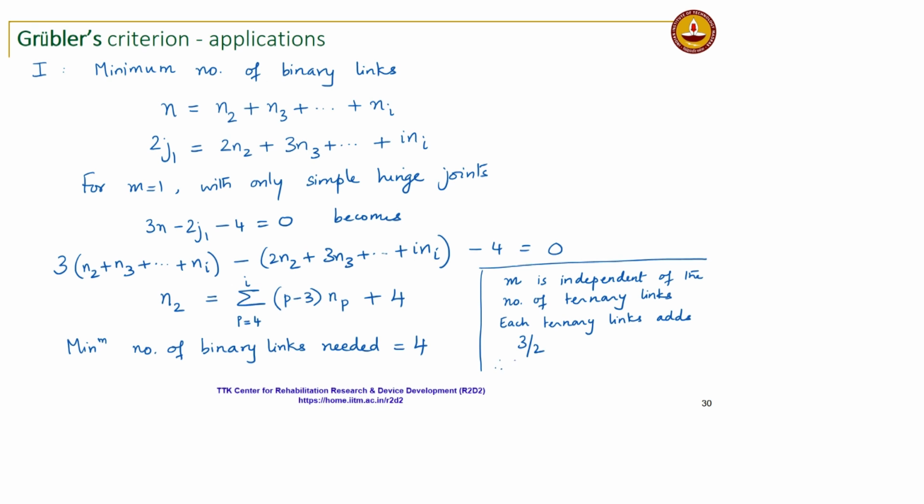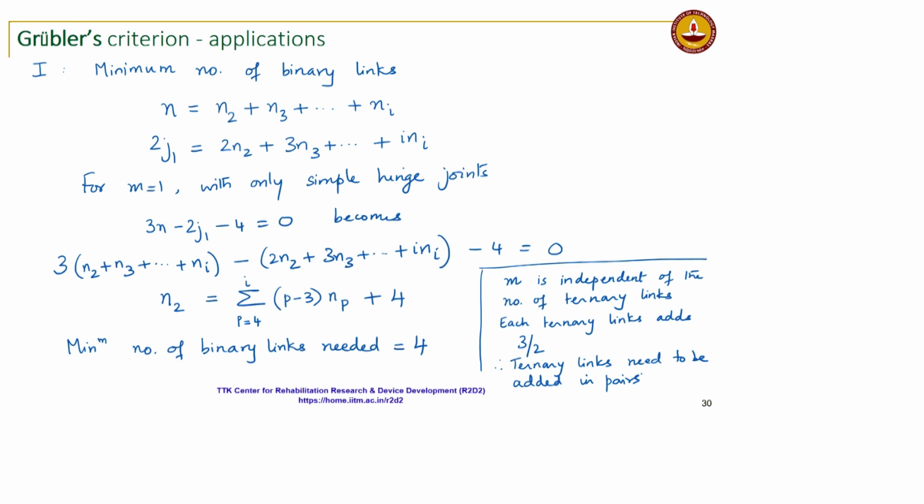Therefore, ternary links need to be added in pairs. You will still have to look at the entire mechanism to ensure this, but the addition of ternary links in pairs alone, provided all the other things are met, will not affect the mobility of the mechanism.